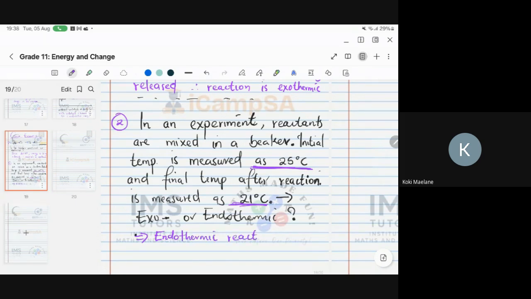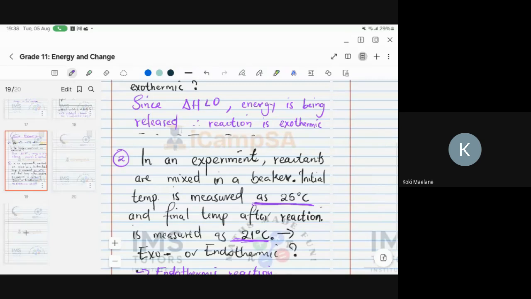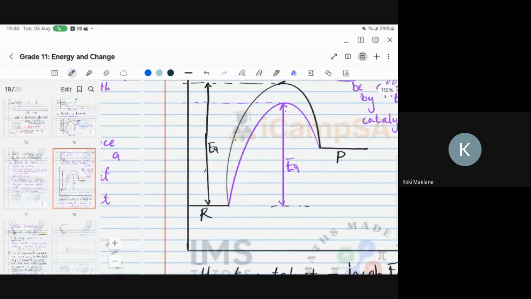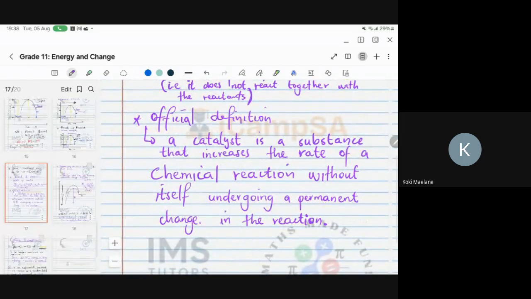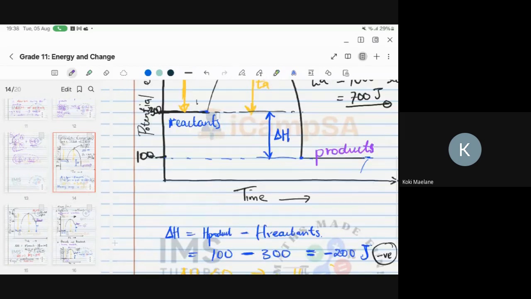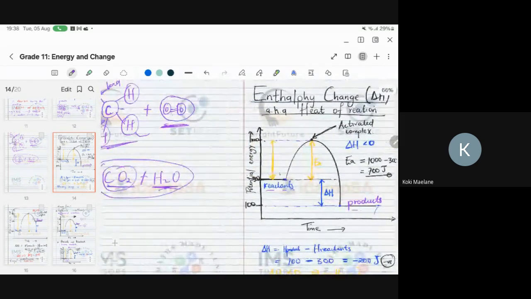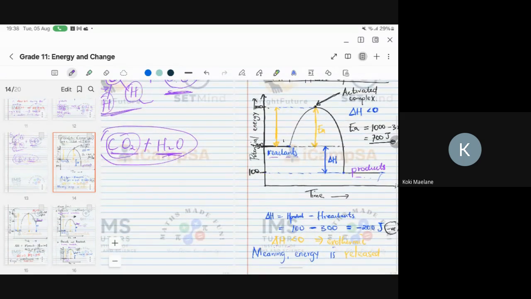However, if we were told that the temperature of the reactants was 25 degrees, let me show you the heat of the reactants, where's that graph that we had? Yes, here. If the heat of the reactants is higher than that of the product, you get a negative delta H. That would be an exothermic reaction, but that's because the heat of the reactants and the product is like that.